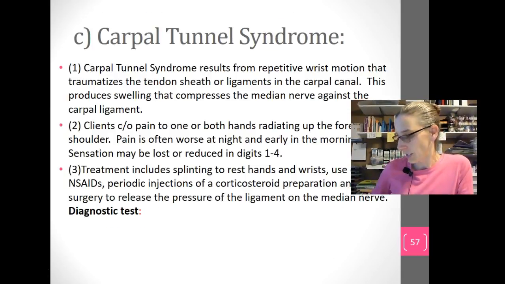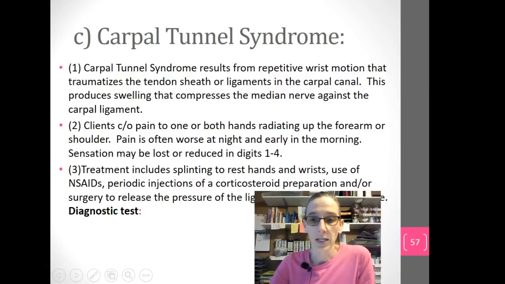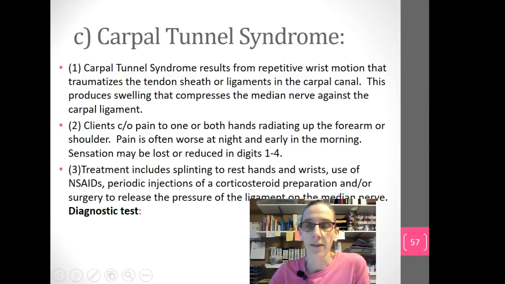All right, carpal tunnel syndrome. Carpal tunnel syndrome results from repetitive wrist motion that traumatizes the tendon sheath or ligaments in the carpal canal, producing swelling that compresses the median nerve against the carpal ligament. I'm sure many of you know people who've had carpal tunnel syndrome or carpal tunnel surgery.